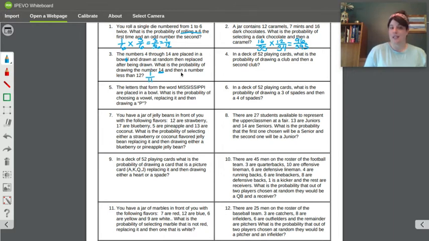And then the next thing we want to pull out is a number less than 12. So how many numbers are in there that are less than 12? Well, there's 4, 5, 6, 7, 8, 9, 10, and 11. So there are 8 numbers that are less than 12. But now we don't have 11 numbers in there anymore. We have 10 numbers.